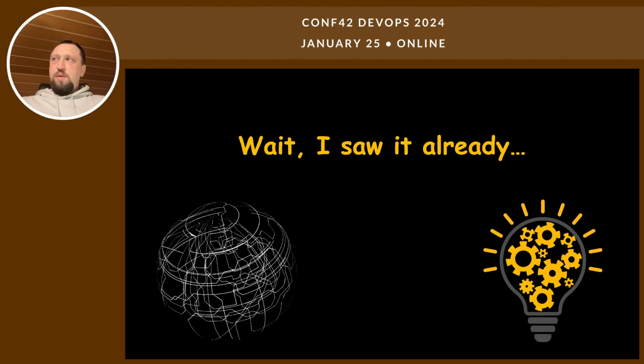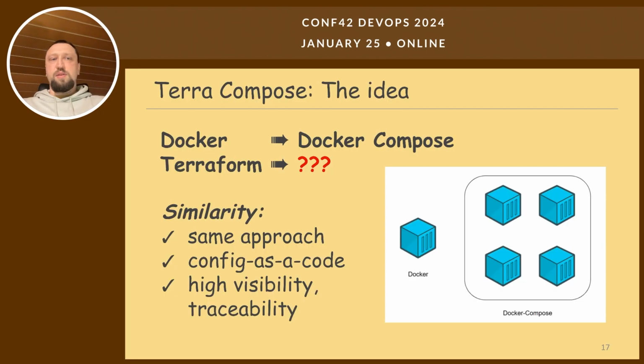And then 3 years ago, I thought, okay, wait, I already saw it somewhere, and I remember that we have Docker Compose, and Docker Compose has a configuration for the projects in YAML.